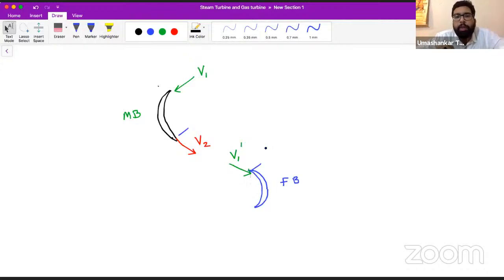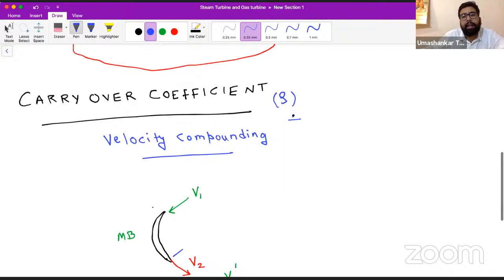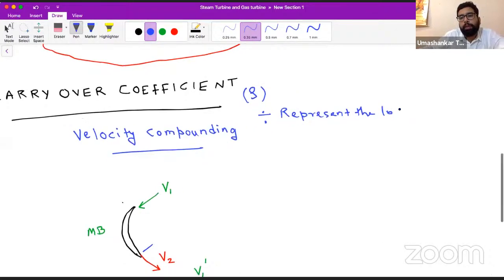So this carryover coefficient is a representation that represents the loss of kinetic energy from one stage to another.